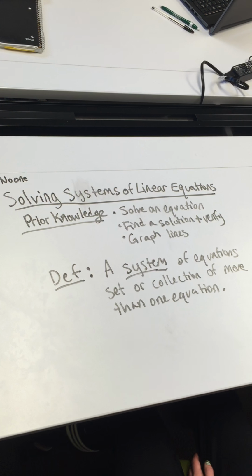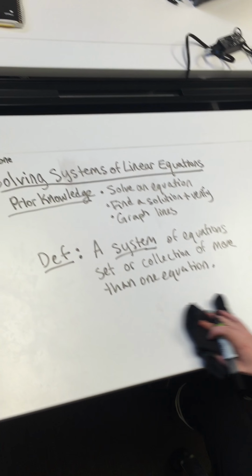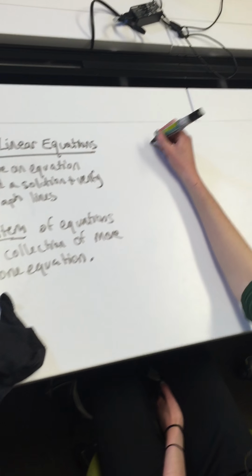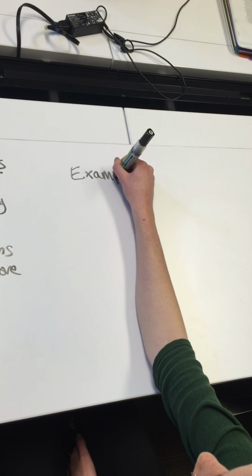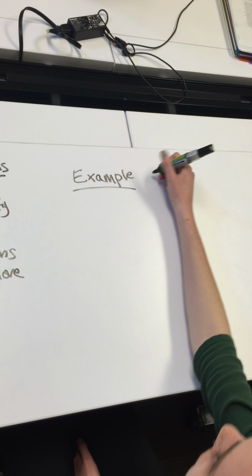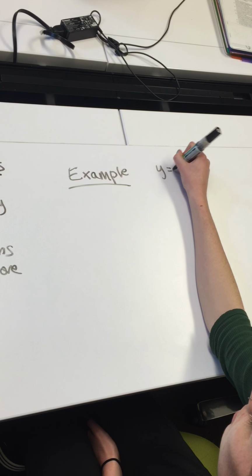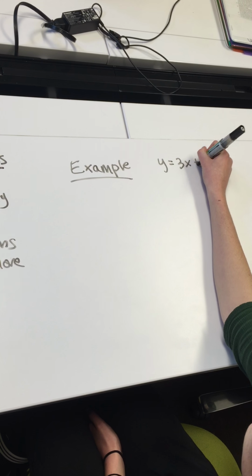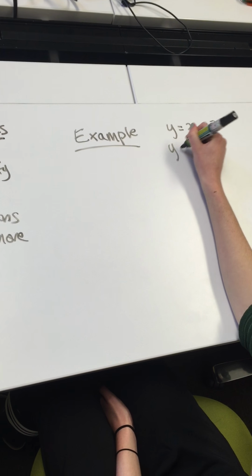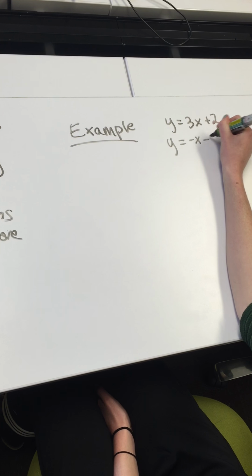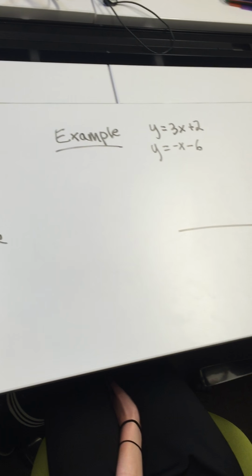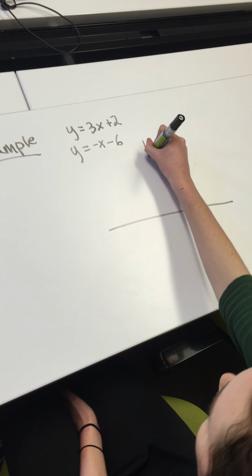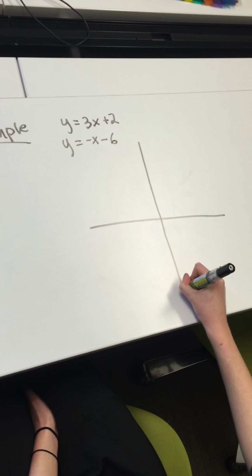So first off, let's start with a simple example, and we'll see two equations here. y equals 3x plus 2 and y equals negative x minus 6. So starting with our graphing, these will be graphed on the same plot graph.